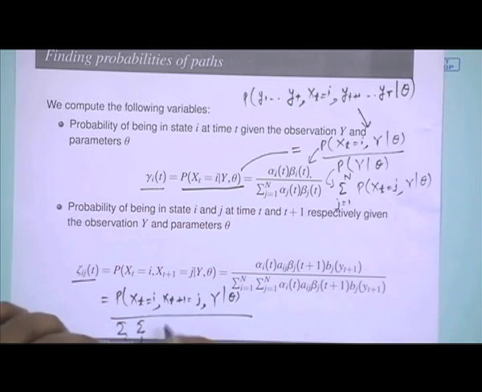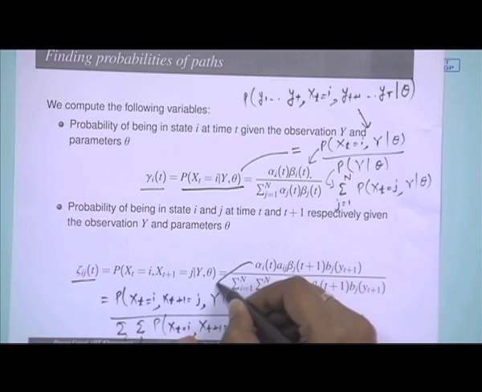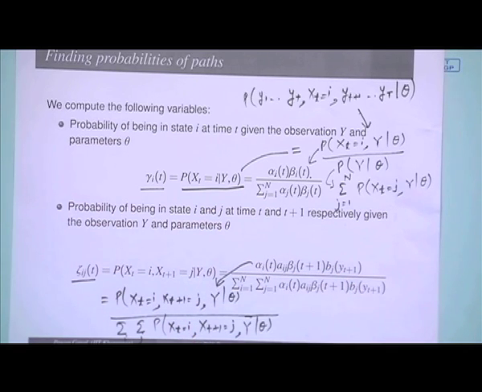Okay, and you will say the probability of xt = i, xt+1 = j, y given theta for all possible values of i and j. Now what we have to show is that this is actually this formula. Okay.